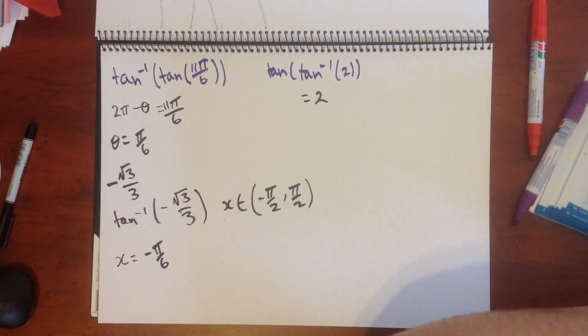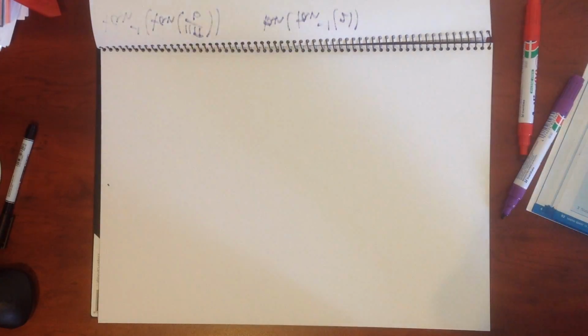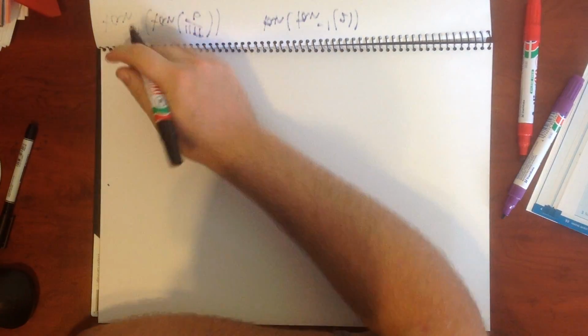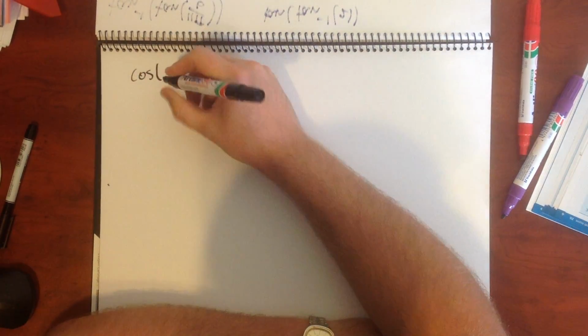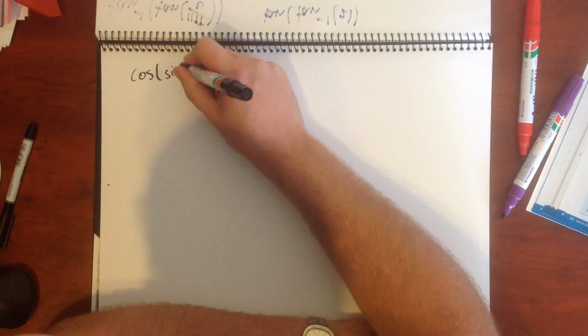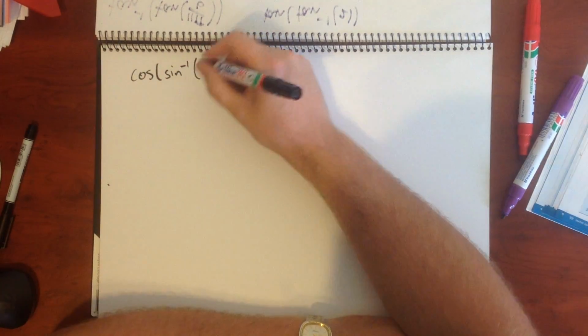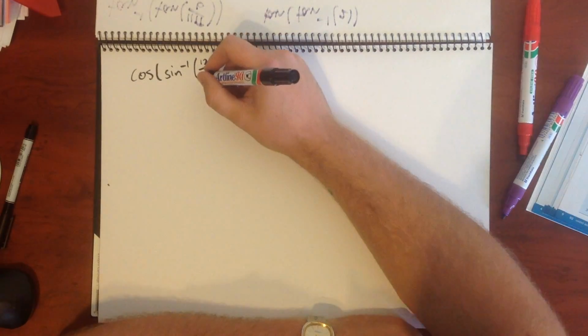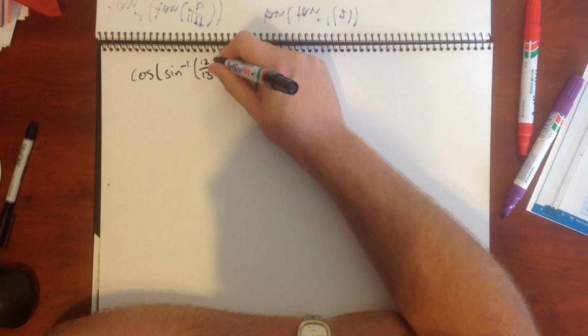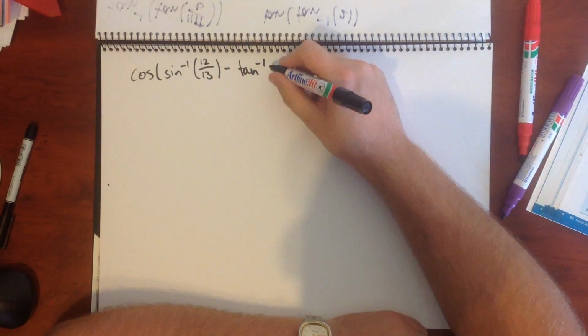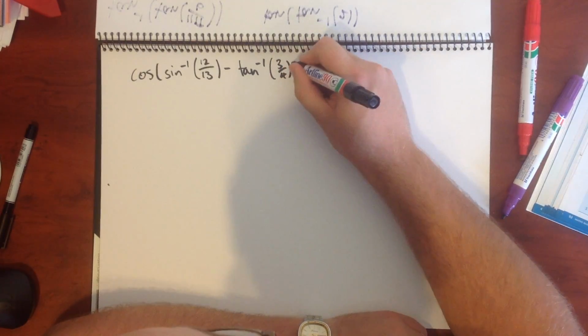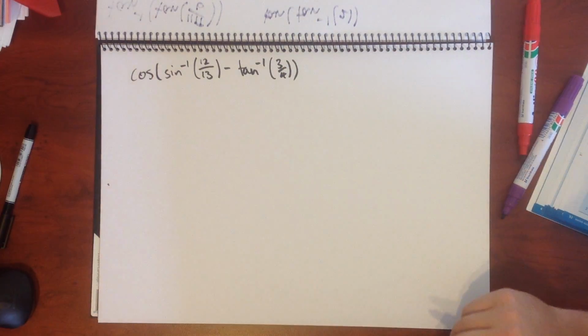Okay, so we can also use our compound angle formulas for these. We've got 2 more worked examples to go. So we use our compound angle formulas. We're saying that we've got cos of the inverse sine of 12 on 13 minus inverse tan of 3 on 4, and we want to evaluate that.